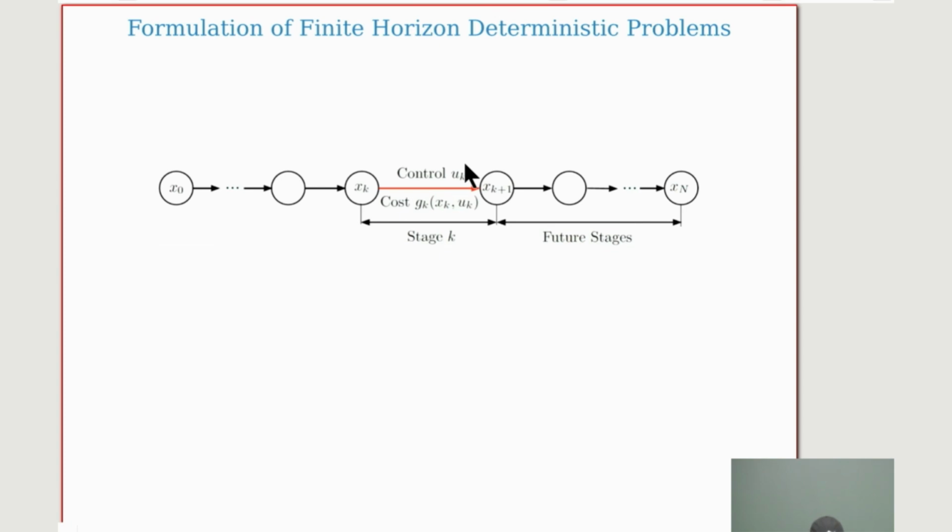Let's say arbitrarily you pick uk, and you will pay a cost for that. At state xk, you took control uk, and the cost of going from xk to xk plus 1 is denoted by gk. So this is the stage k problem, and obviously there are future stages.